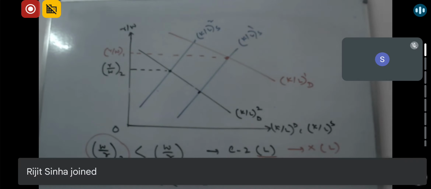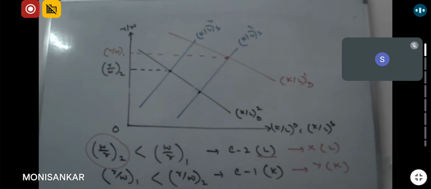The problem associated with the physical definition is the only thing we have discussed until now. In the physical definition, K by L, the relative supply of capital, is not sufficient.